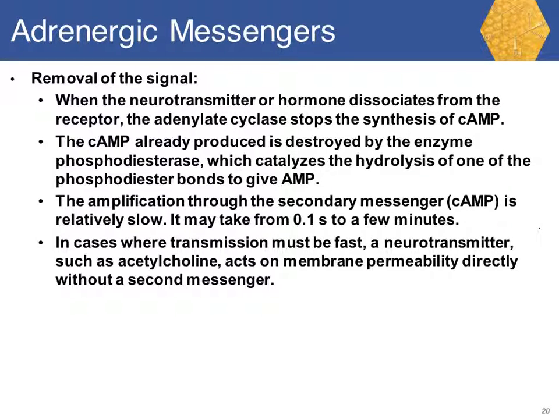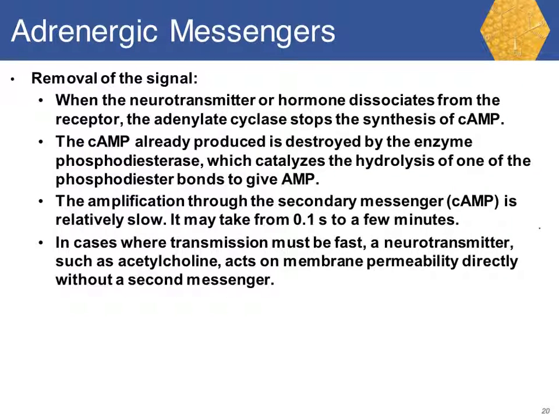This happens at a very, very slow rate, from 0.1 seconds to a few minutes. In cases where transmission must be fast, then a neurotransmitter such as acetylcholine has to act on the membrane permeability directly without a second messenger.